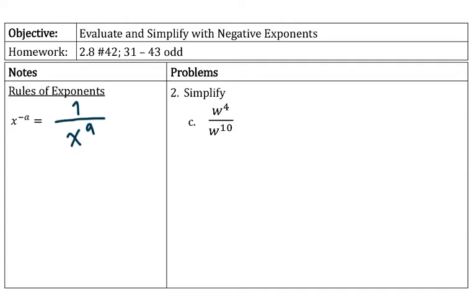Now here's our last one here. When we have w to the 4th over w to the negative 10th, we can start by just simplifying by subtracting the exponents. 4 minus 10 is negative 6. Now what you will often see in the instructions, and which I will also write in the instructions, is to answer with positive exponents.